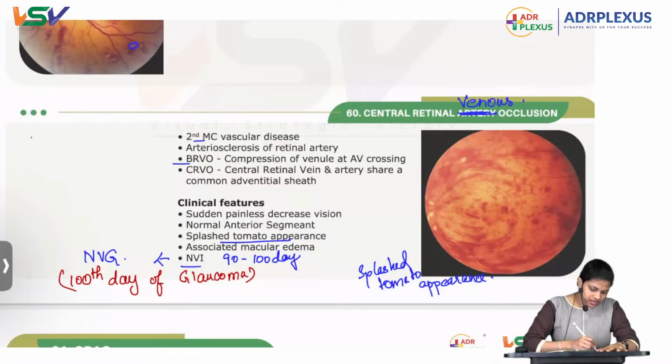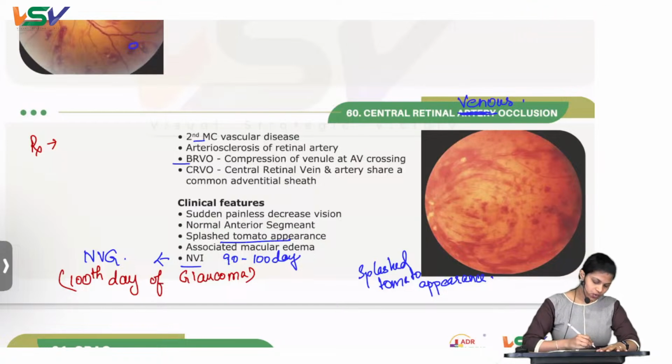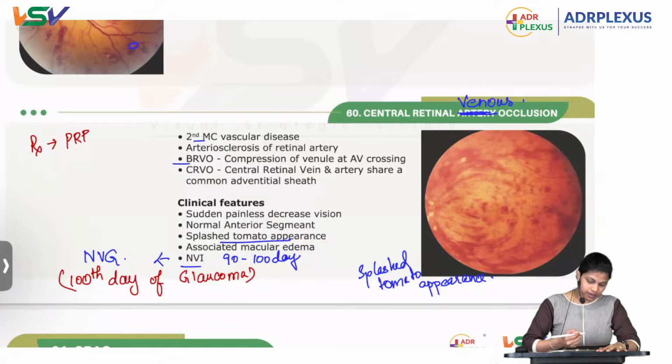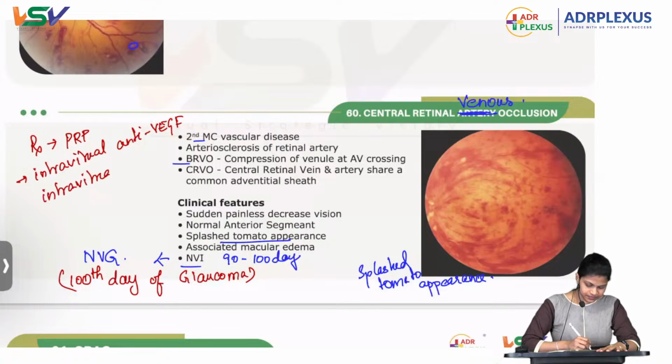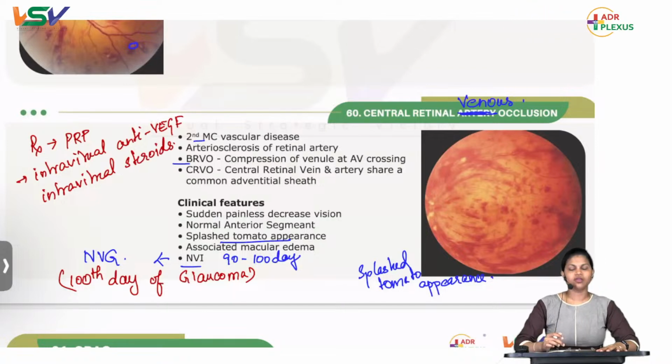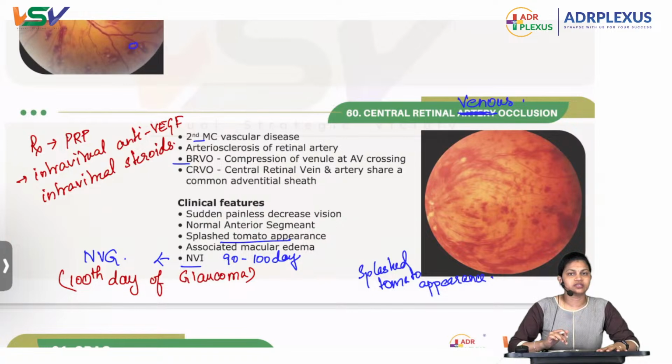Okay, now the treatment would be what? In treatment you can do a PRP to reduce the hypoxia. The main thing is that you have to give an intravitreal anti-VEGF. If it is resistant, we give intravitreal steroids also. So this is central retinal venous occlusion, splashed tomato appearance, 100th day glaucoma.